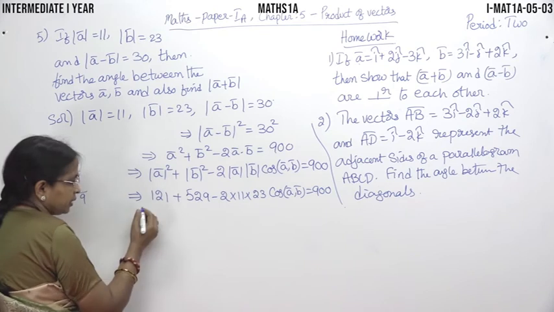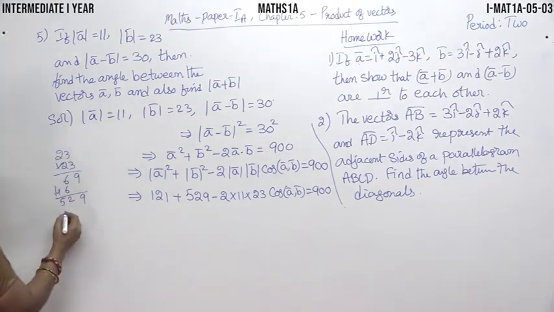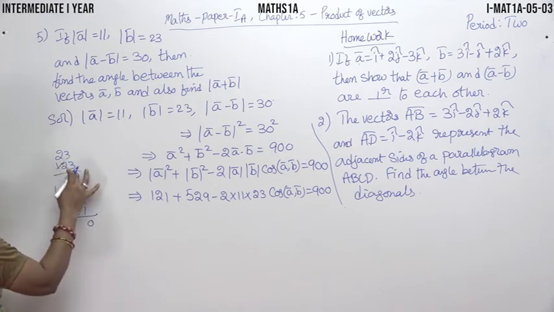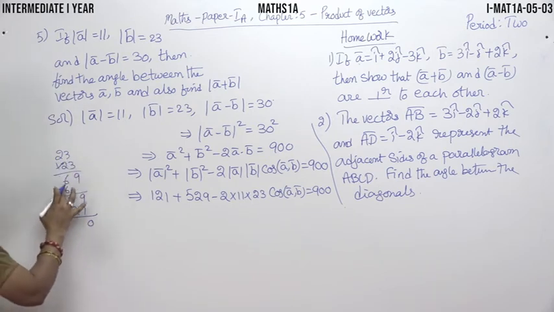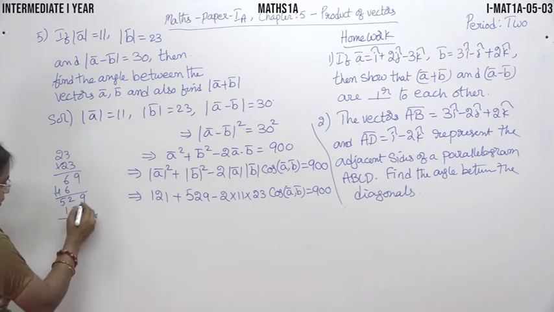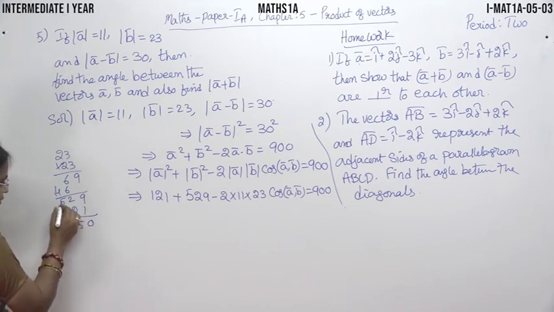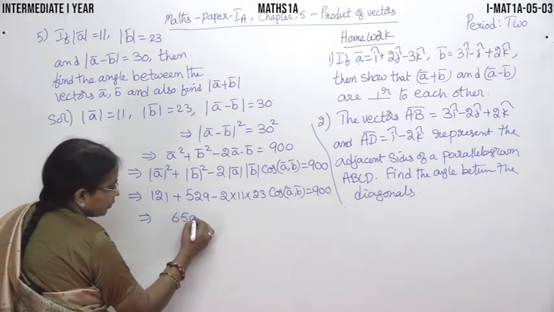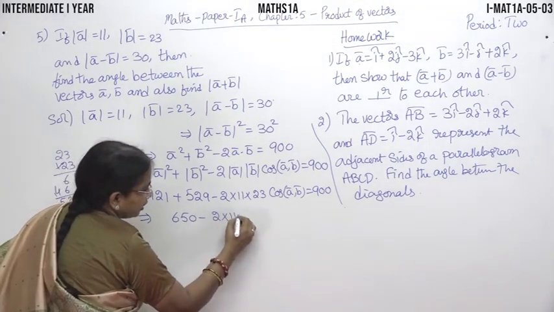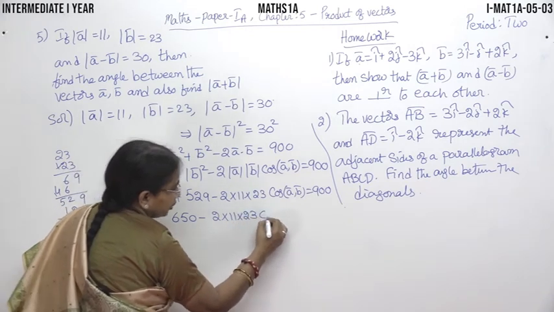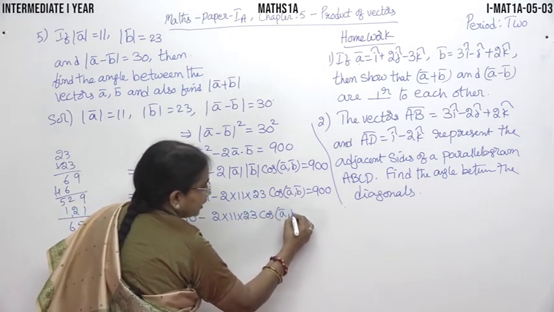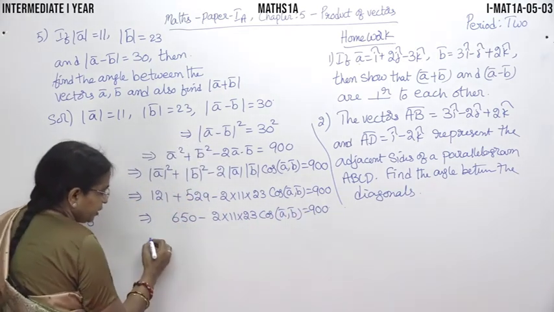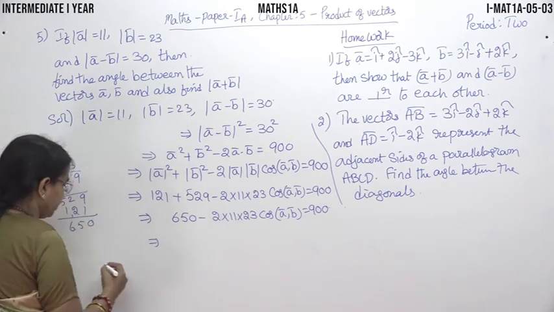Now just retain this. So this is 121 plus 529, add, that is 650. So you will get 650 minus 2 into 11 into 23 into cos of angle between a and b is equal to 900. Now bring that 900 to this side or else 650 when you take to that side.